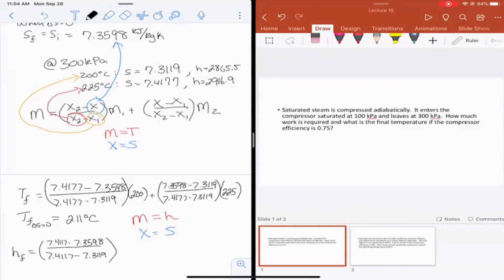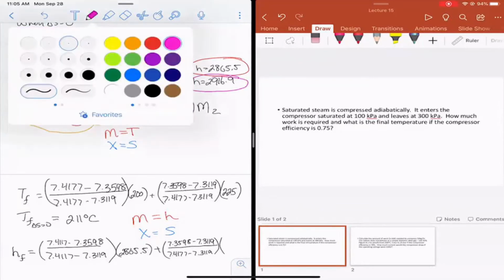But now we use the enthalpy value at the lower temperature, because M1 is this value, so that's times 2865.5, plus the stuff in parentheses again, 7.3598 minus 7.3119 divided by 7.4177 minus 7.3119, times the enthalpy at the higher state that we pulled from the steam tables, that I just circled in magenta.